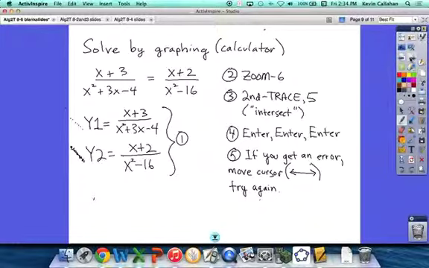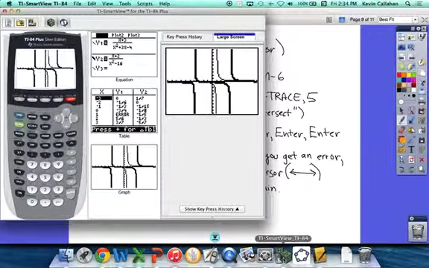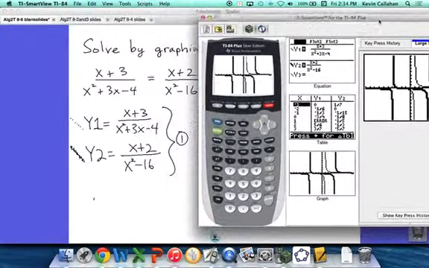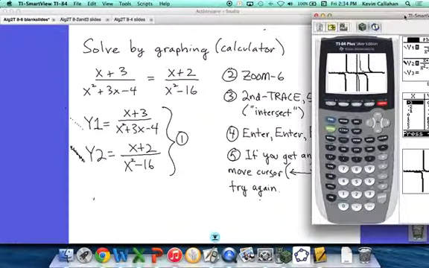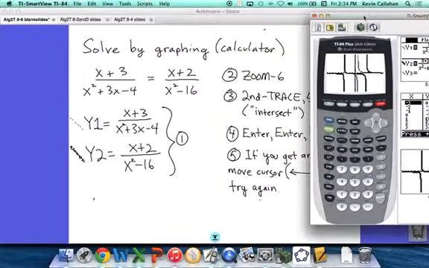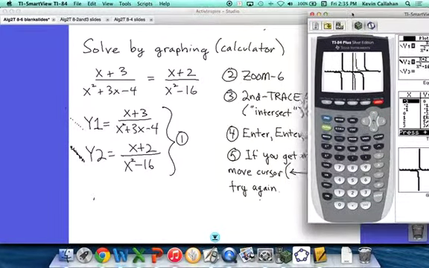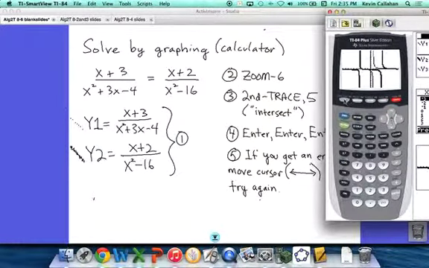Now, if you remember, do I have that on? I think I do. I already have that in the calculator. So I put it up there, and notice I use that fraction format. Right?